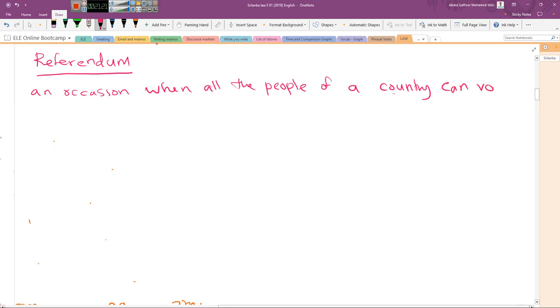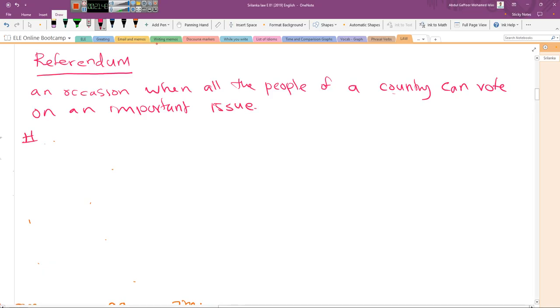For example, if the general election should be conducted or not, right? So we have to take the people's opinion. This is not a proper election, this is just an attempt to collect opinion from the people, right? Can vote on an important issue. Right.